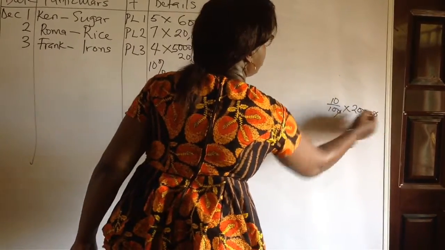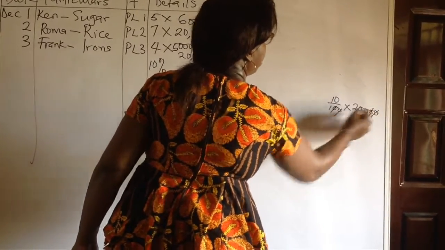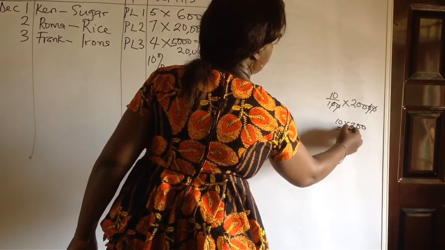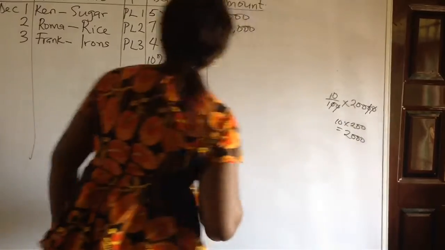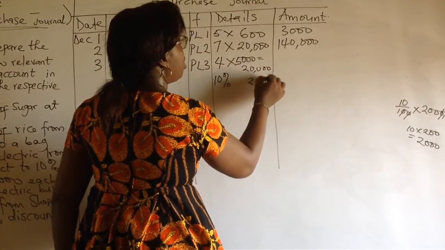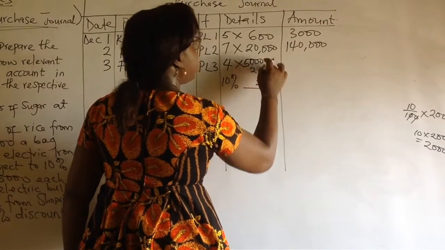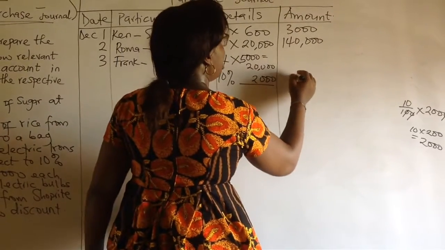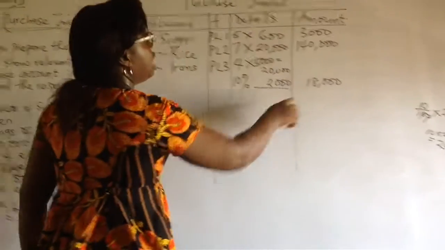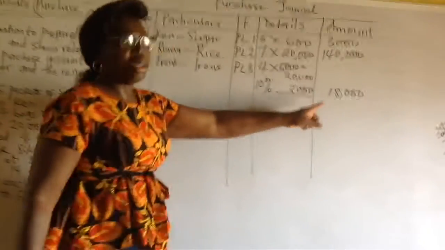This 0 takes this out, this one takes this out. It will now be 10 times 200 to give you 2,000. So 10% of 20,000 is 2,000 naira. When you take this away from this, you will now have 18,000 naira. That is how we got this 18,000 naira.